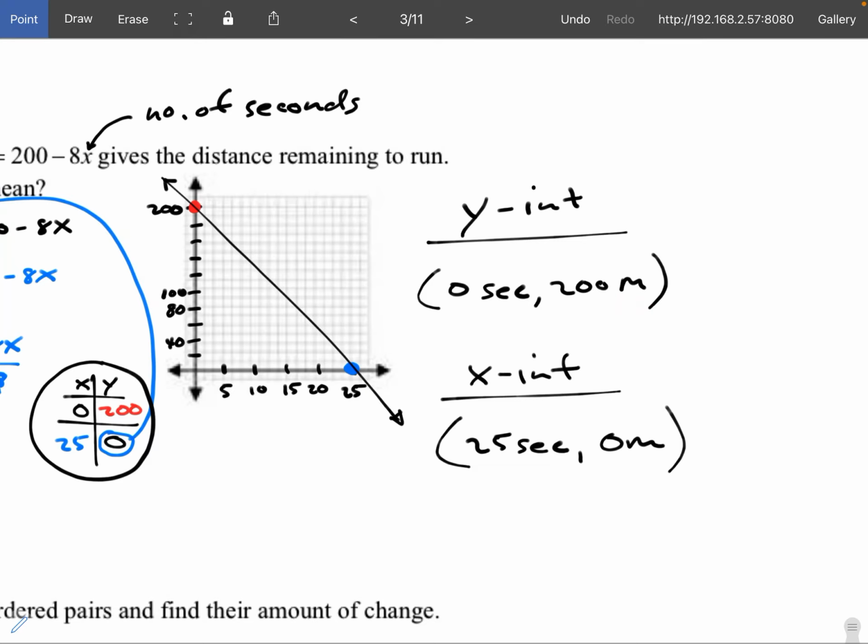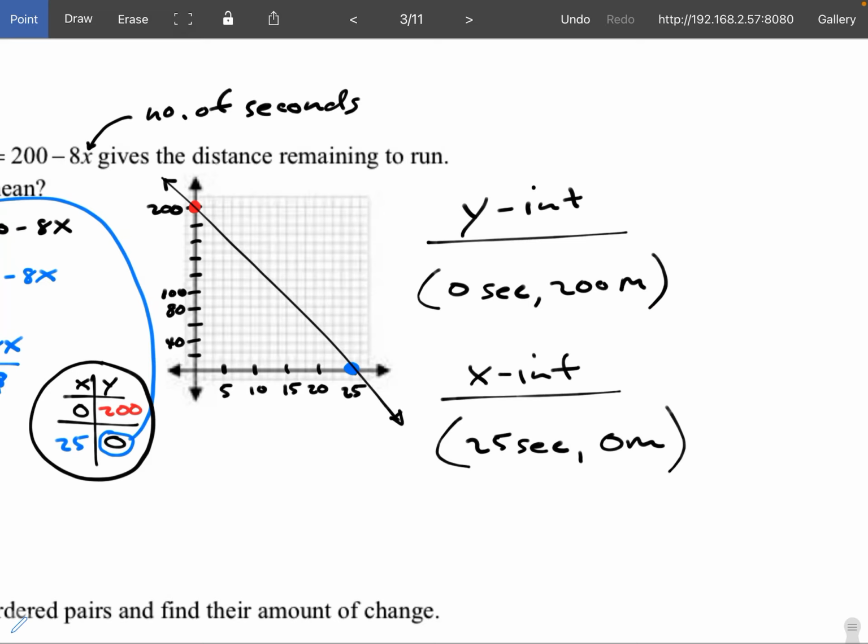And you guys see where I'm getting those from, right? There's that y-intercept right there, 0, comma, 200. And there's the x-intercept, 25, comma, 0. So what do they mean? So at 0 seconds, you got 200 meters.